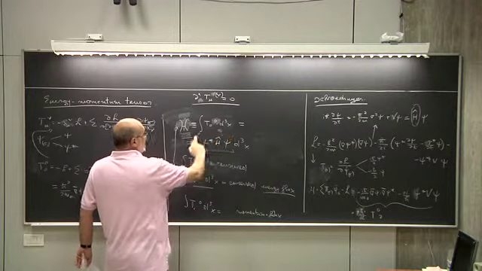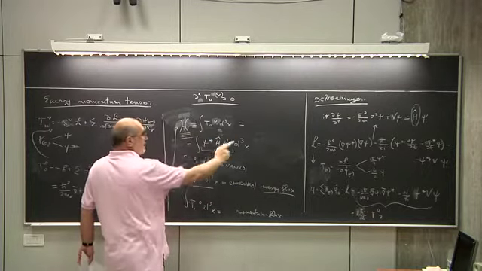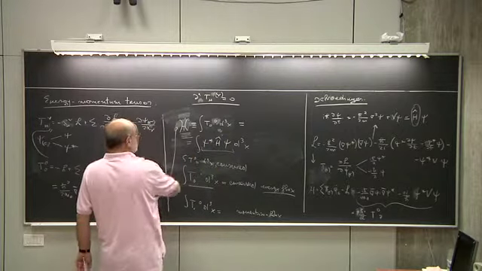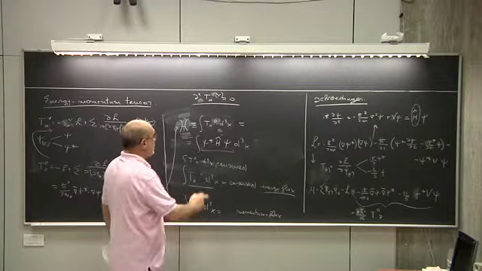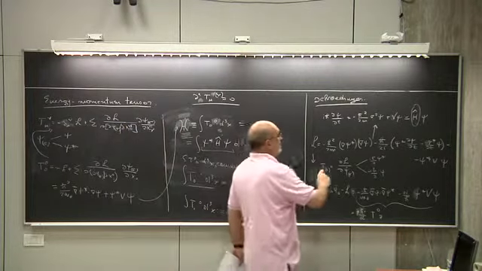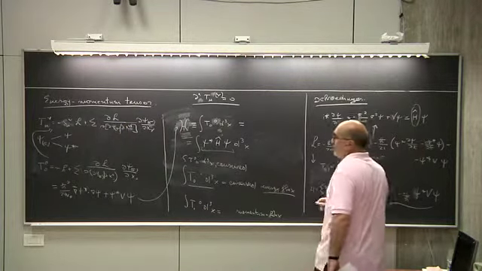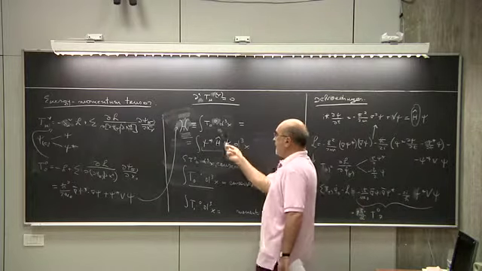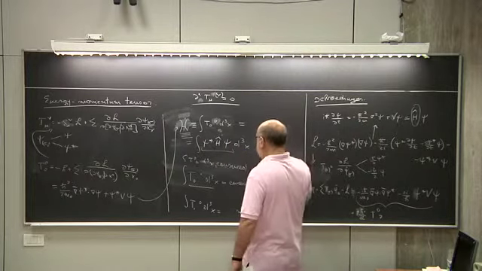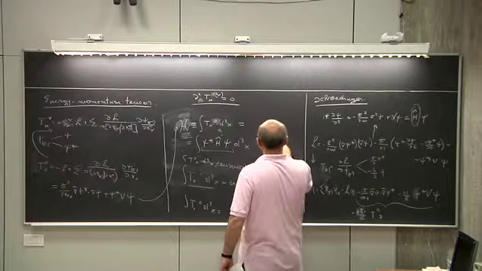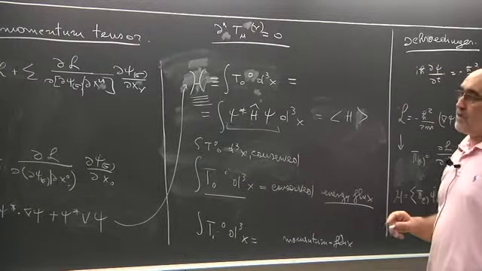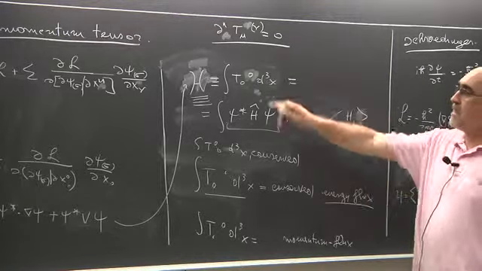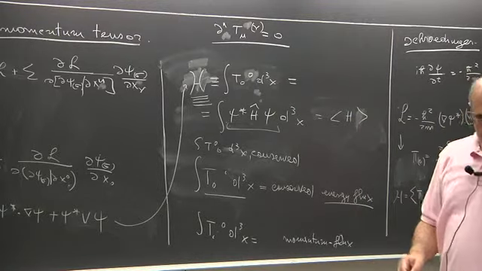And what you get is that the Hamiltonian density derived from the Lagrangian density or from the energy momentum tensor can always be written as the sandwich of the usual Hamiltonian operator of the Schrödinger first quantization between the psi, which is nothing else than the average value of H on the wave function. So the T00 is related to the energy density.